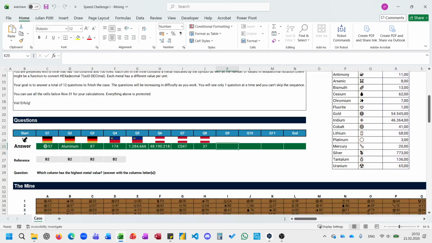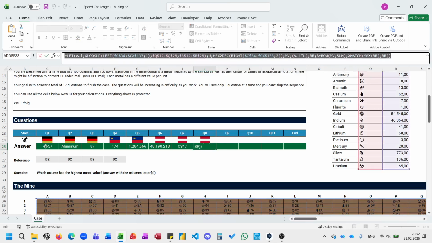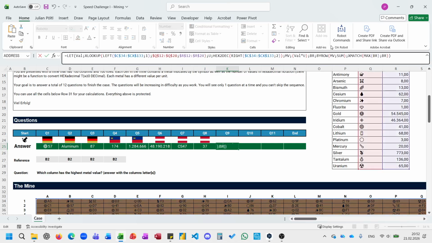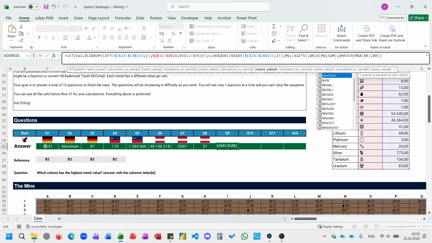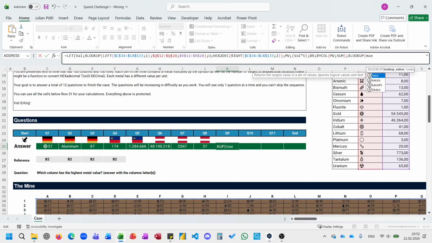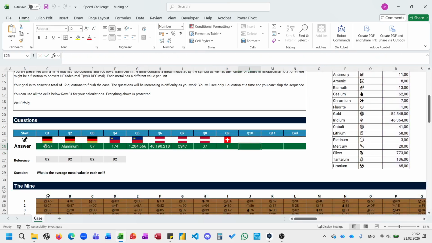Which column has the highest metal value? This is basically the same formula, BYCOL, and then we do an XLOOKUP for MAX for BR. I know this should be BC, but doesn't matter, and returning the column letter.